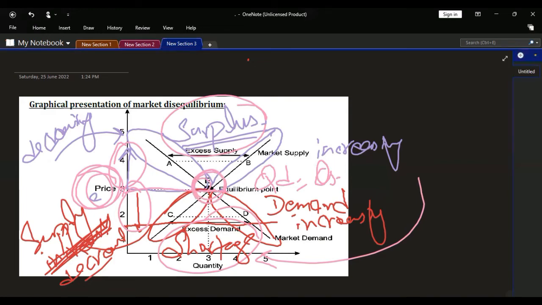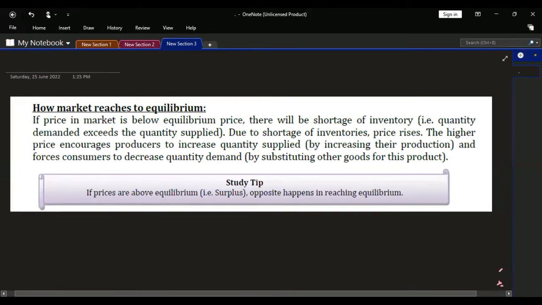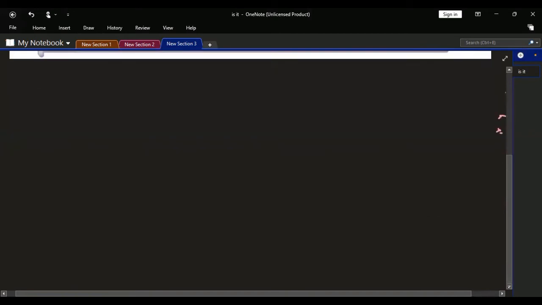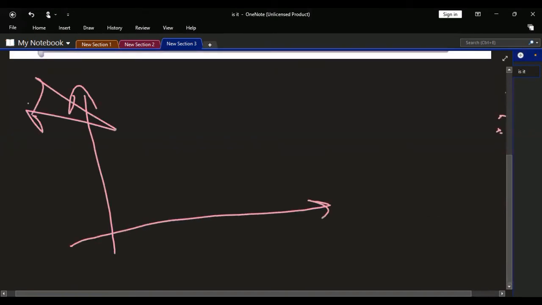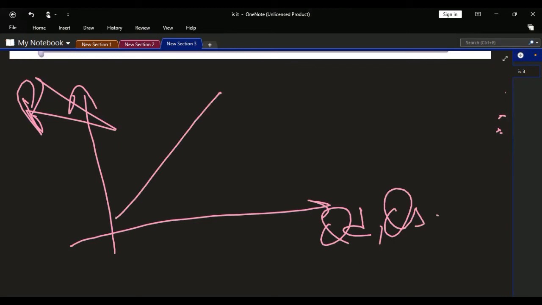Now let's come to study how we can move back towards the original position. Make this diagram again in order to study it. Quantity demanded, quantity supplied. Firstly, the supply curve and demand curve are created.